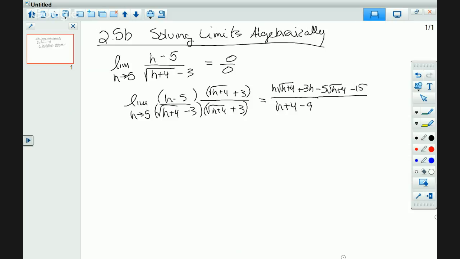I'm pretty sure it's going to come back. The bottom is h minus 5, right? Okay, I'm going to rearrange.